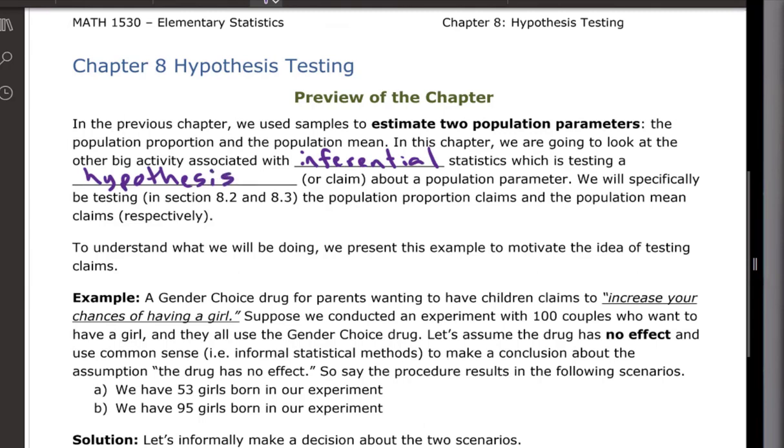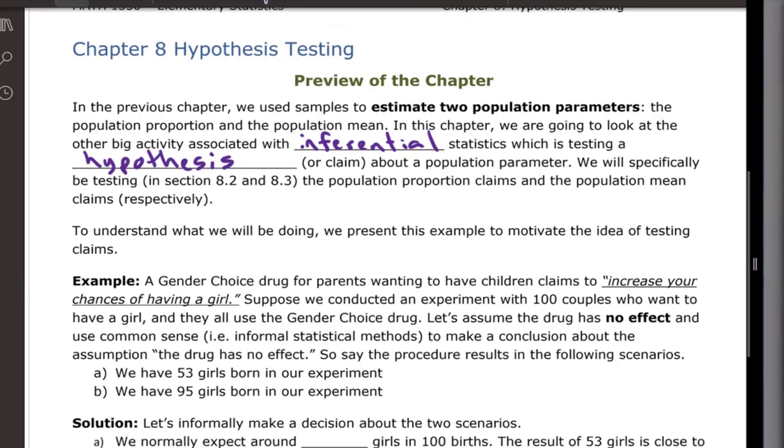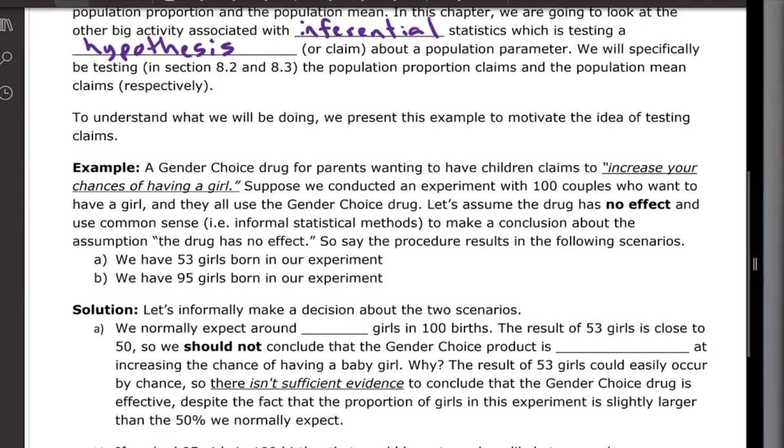So we're going to start out our hypothesis testing content with just an example to give you an idea of what exactly we are doing. There are some examples like this in the homework at the very beginning, but what I'm going to use is this gender choice drug, which is kind of an easy one to wrap your head around.